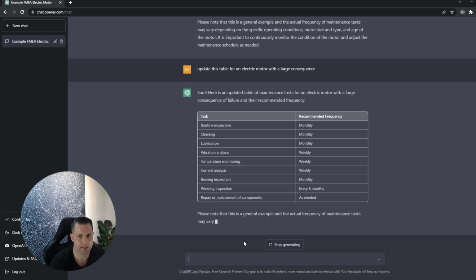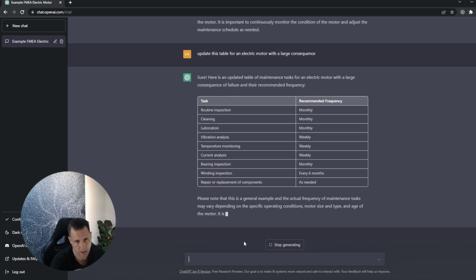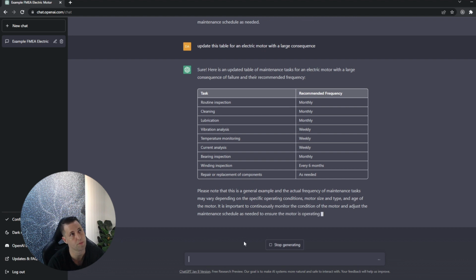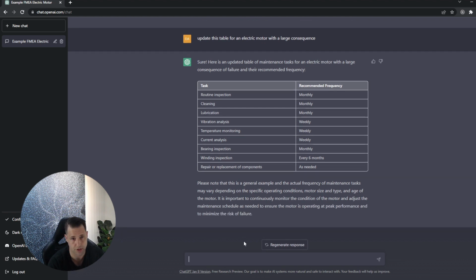So obviously it understands that there should be an adjustment in strategy when the asset has higher consequences of failure or higher business risks. Therefore, it's like increasing the benefit of doing some of these inspections. So it's really good to see that it makes that relationship. It's just blanket increasing everything across the board, which doesn't really make sense, but it understands that there is a relationship there.